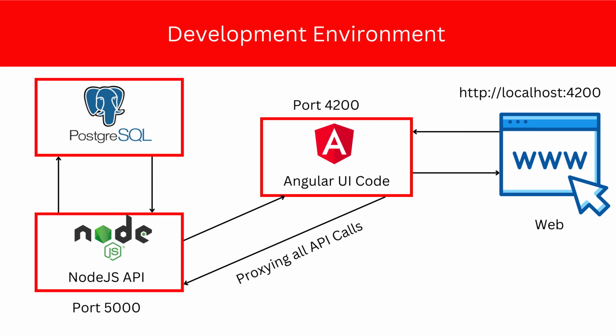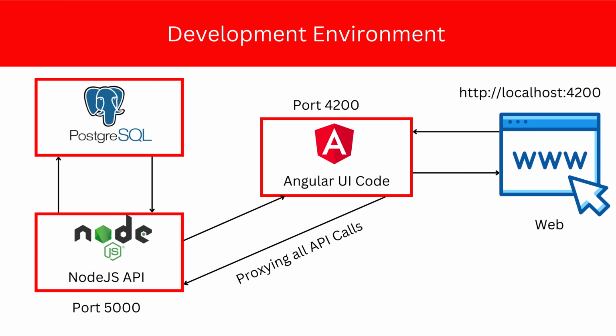Whenever there is a /API in the path, we have a configuration in proxy config.json that will forward all those HTTP requests to localhost 5000 where the Node.js API is running. So that is how the communication happens, especially in the development environment. That way, you can develop the whole full stack web application much faster and easier.